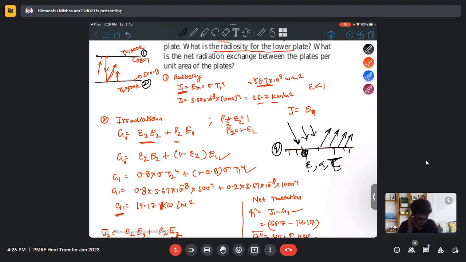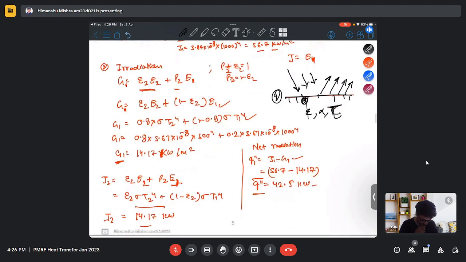Yes, so that I already considered here, right? For the radiosity, this is rho, the reflectivity, you have considered. You have written rho 2. This is reflectivity, not transmissivity. Why are we taking transmissivity as 0?